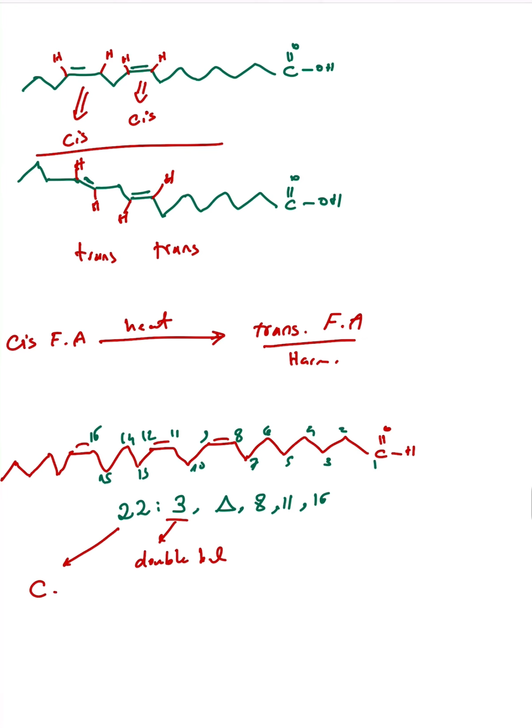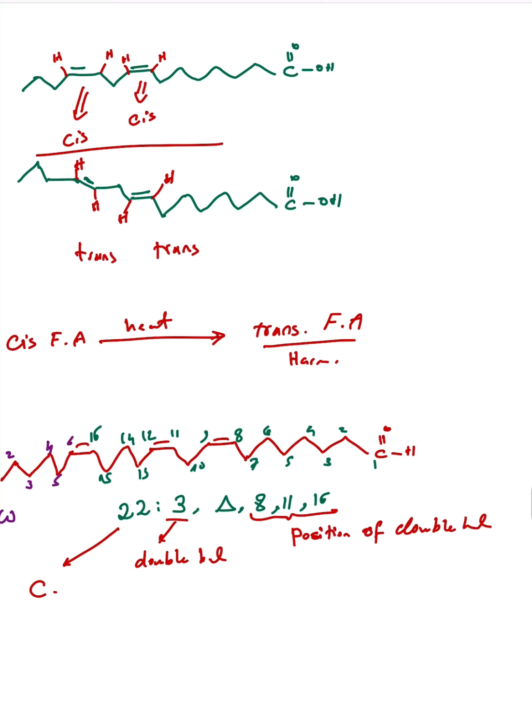Carbon number, position of double bond. And another thing we can show is by the omega. Omega is the position of carbon from the end, 1, 2, 3, 4, 5, 6.